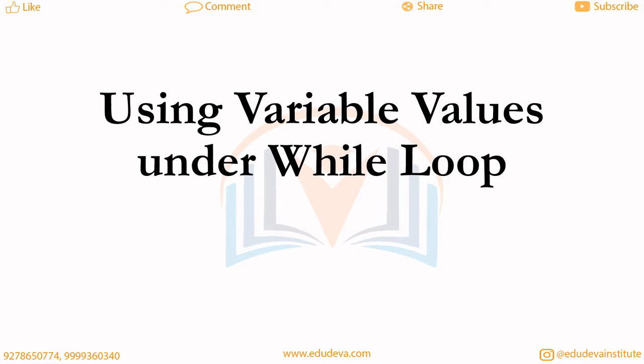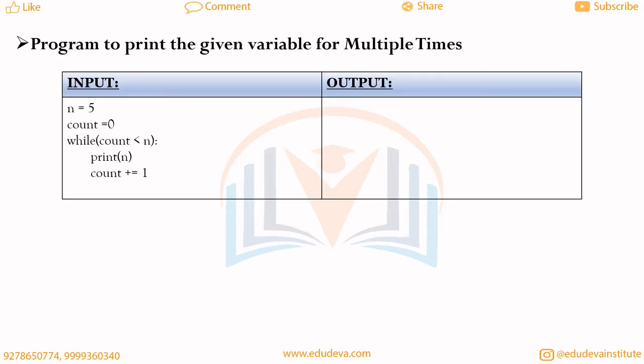Now we will see how we can use variable values under while loop. In this program we will print the given variable for multiple times. So let's see, here it is given as n is equal to 5, and also it is given as count is equal to 0. So this time we will print the value of the given variable.